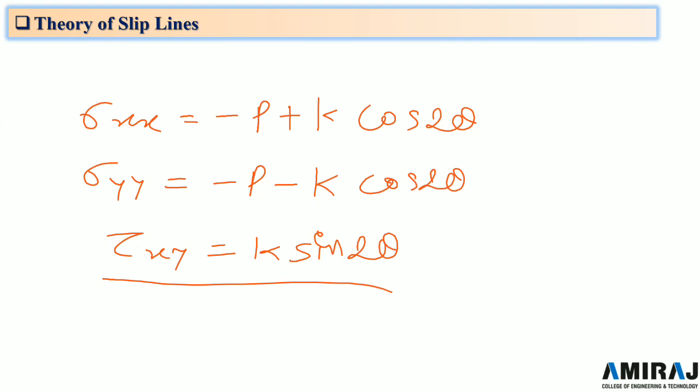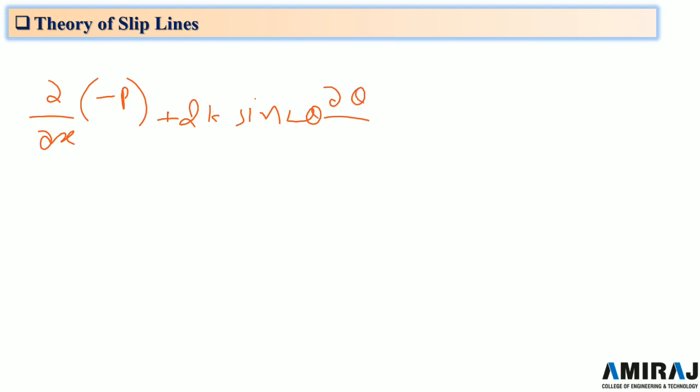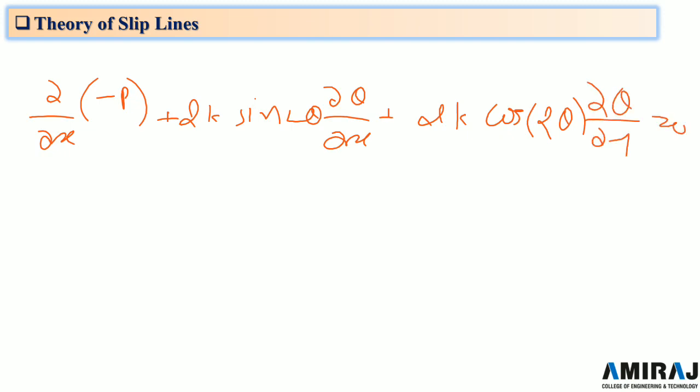Now by substituting these three values in the earlier del type equation, we can get the equations as: del by del x of (minus p) plus 2k sin 2 theta d theta by dx plus 2k cos 2 theta d theta by dy equal to 0.